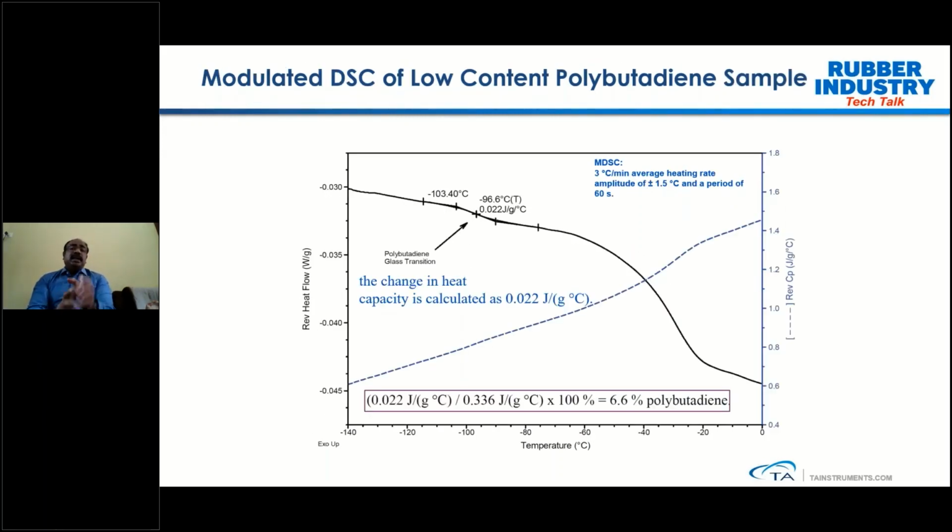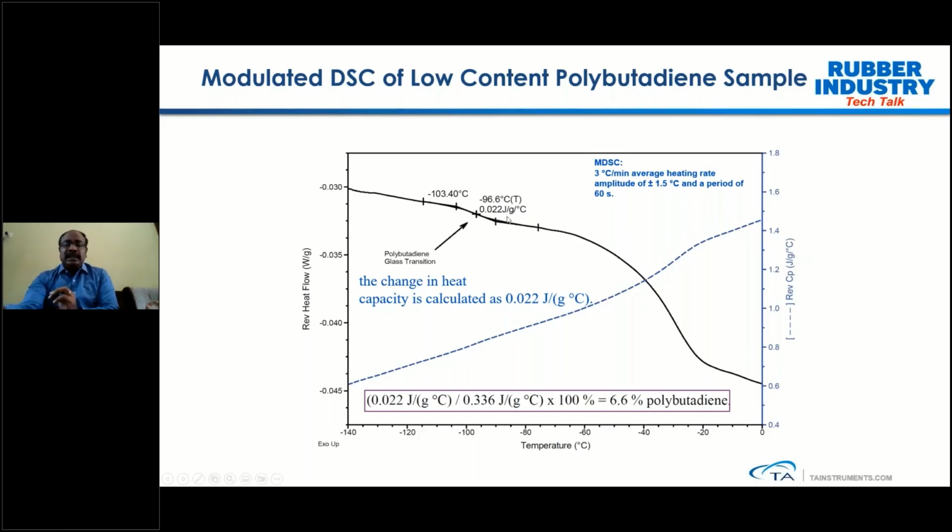Now you have the ability to clearly plot the reversible heat flow, which is going to show the transition, especially the glass transition temperature, of the polybutadiene in that. So we are plotting here the reversible heat flow against reversible Cp, also against the temperature.